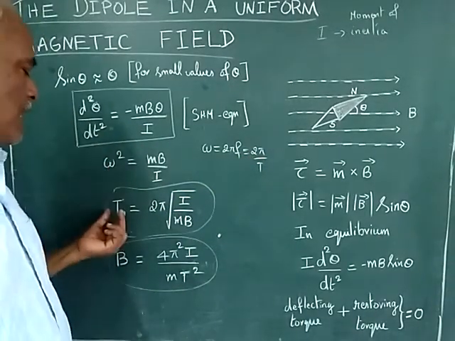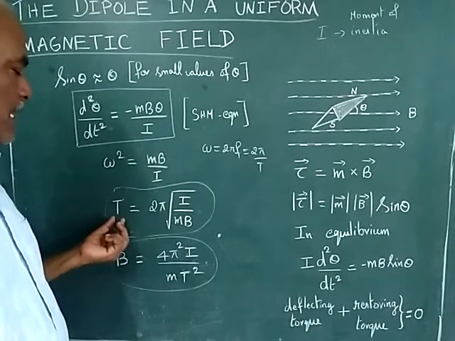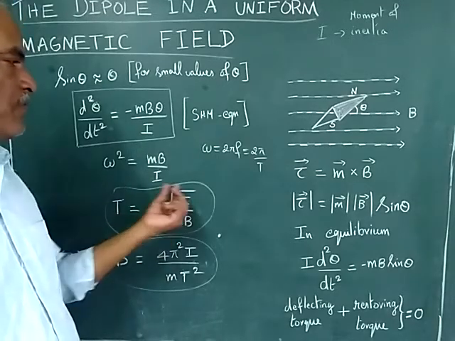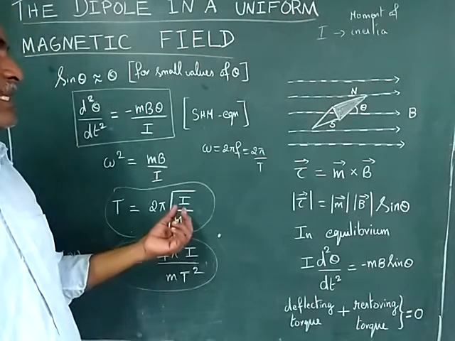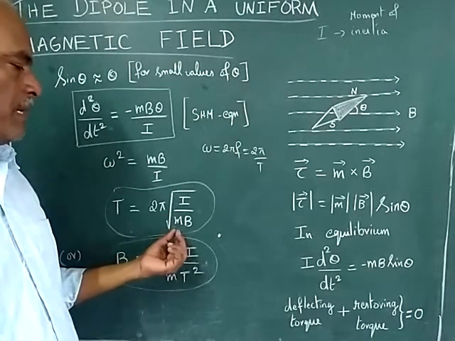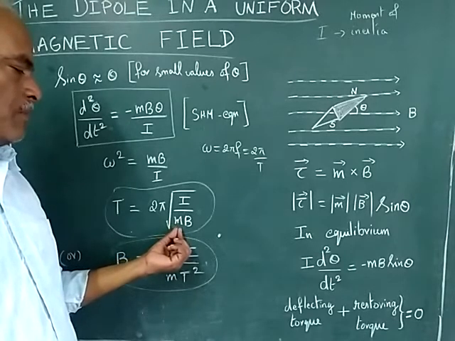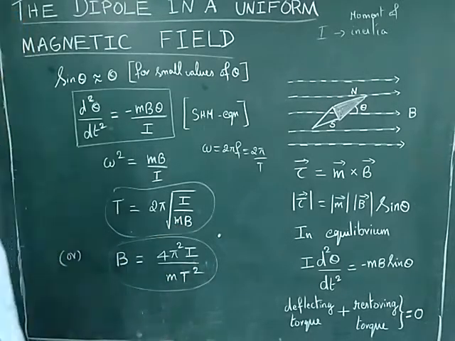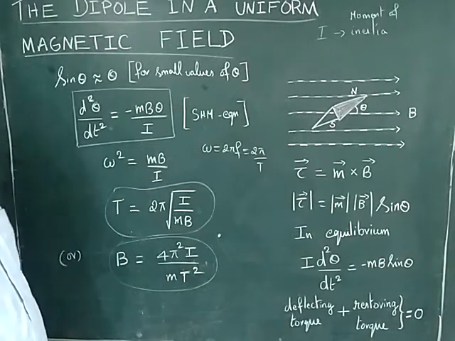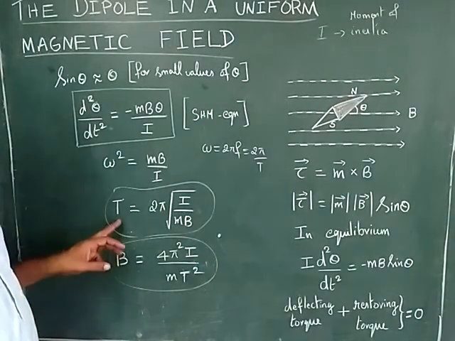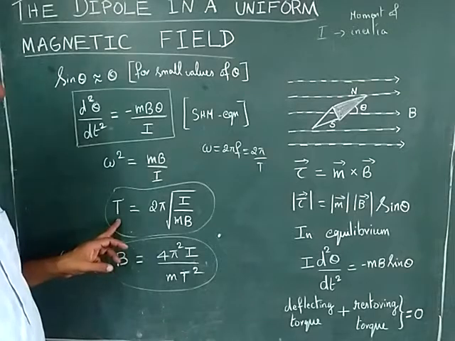You substitute the value and simplify, and you will get T. T is equal to 2 pi root of I divided by mB, that is moment of inertia divided by magnetic moment multiplied by magnetic flux density. So this is the time period of oscillation. Therefore, we can naturally find out the frequency.